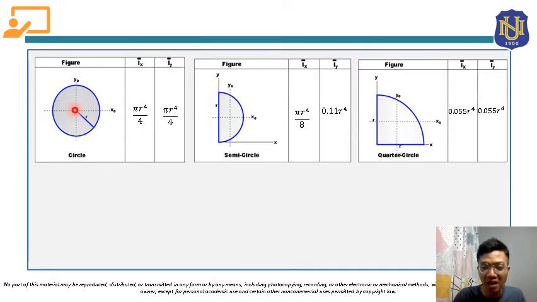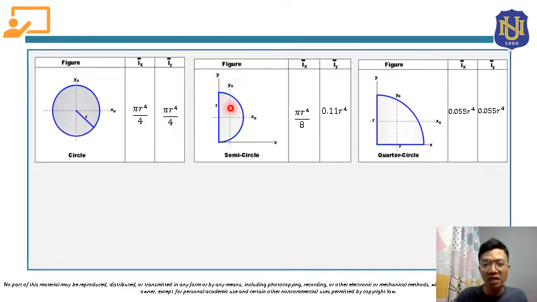Of course, it will pass through the center, or the centroid of the circle, which is at this point. If you measure the moment of inertia with respect to the x centroidal axis, it will be pi r to the fourth over 4. Of course, this is a circle, so if you measure the moment of inertia with respect to the y centroidal axis, it will be the same. That will also be pi r to the fourth over 4.